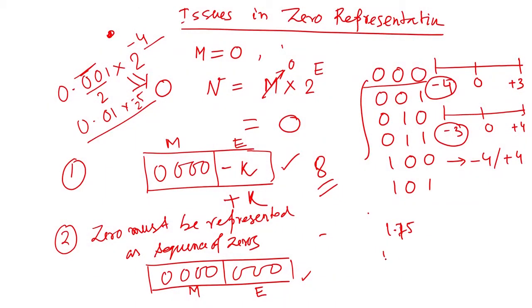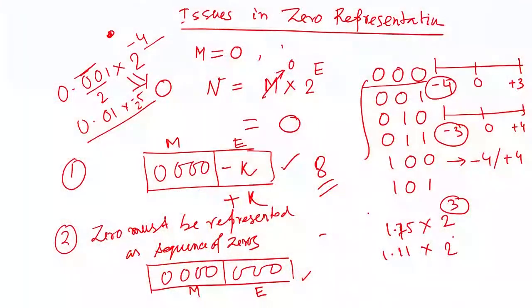How do you represent 1.11 with exponent 2 to the power 3, let us say? So, 3 is the actual exponent. Now, when you represent it in floating point representation, we add: 1.11 into 2 to the power 3 plus k, where k is the magnitude of the highest negative number.